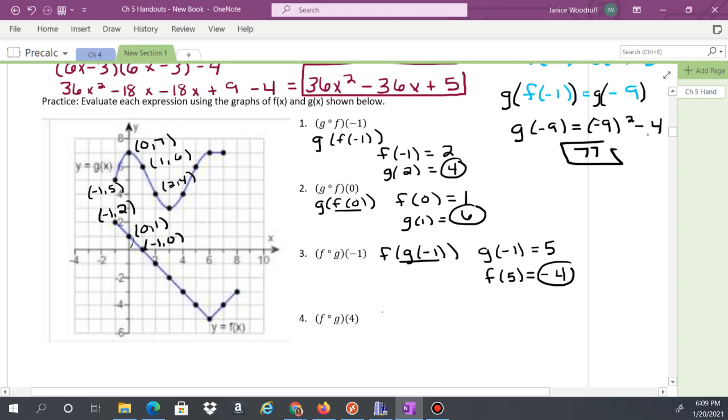And then number 4, you've got f of g of 4. So we'll go to g of 4 first. So 4, and then our g is right here. That looks like that's going to be 4 as well. And then f of 4 is going to be -3.